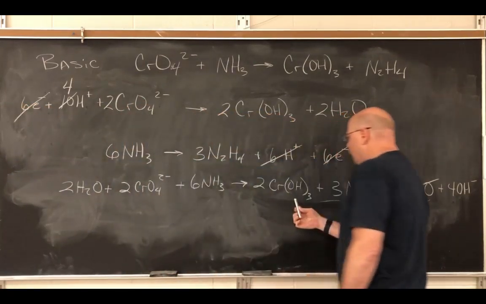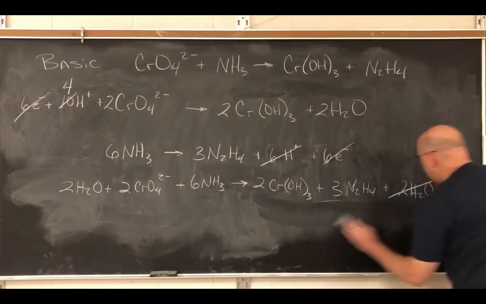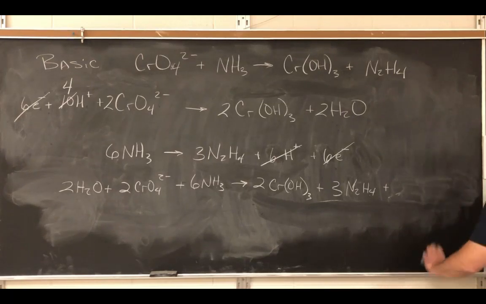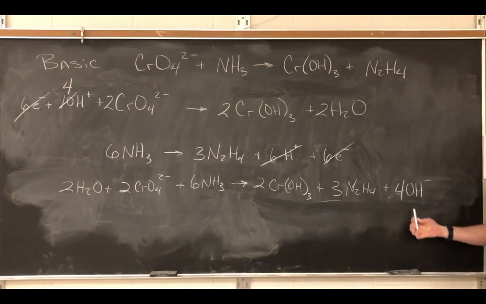It's going to give us 2 chromium 3 hydroxides, 3 hydrazines, and 4 hydroxides. And this, the hydroxide ion, is what makes the solution basic.